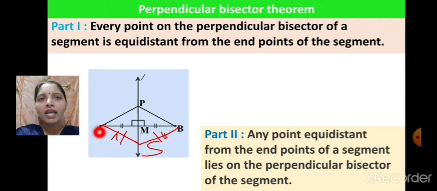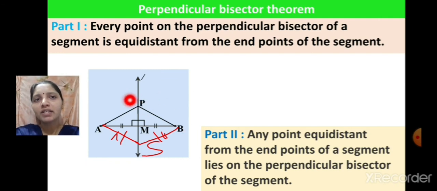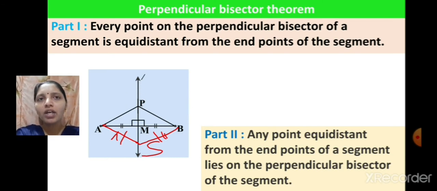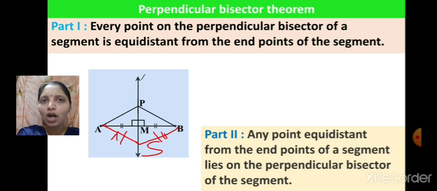So if AP is equal to BP is given to you, then you can say that point P lies on the perpendicular bisector of segment AB. This is the perpendicular bisector theorem. Now let's start with the construction of the triangle. You all know how to construct the perpendicular bisector. We have seen that construction in the circle lesson.